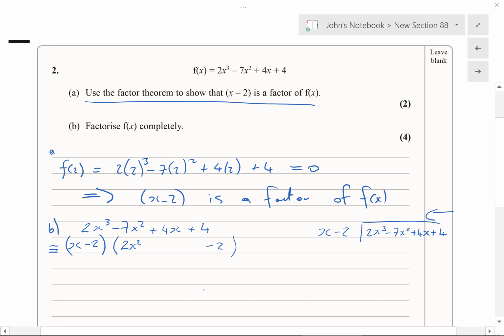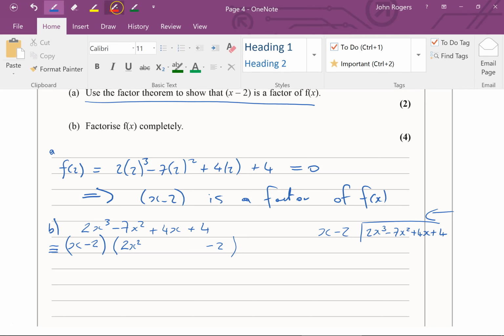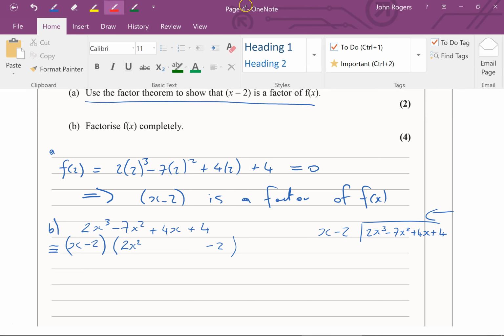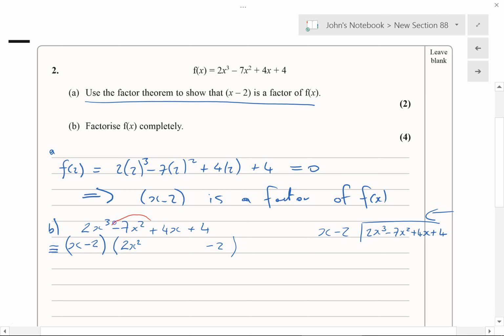Now some people find this a bit strange, but you might find it useful. I would say, right, okay, let's look at the term in x squared. That's minus 7x squared. Okay, well we're going to get x squared by 2 different things. We're going to get x squared by multiplying that by that. No, that by that even.